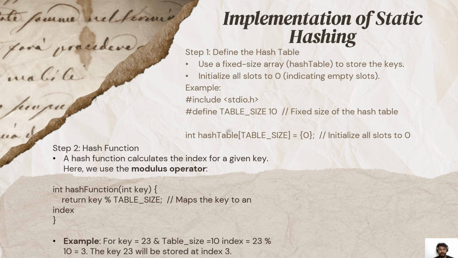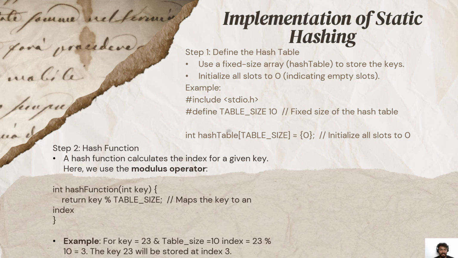For example, in main, #include <stdio.h>, #define TABLE_SIZE 10, so the table size is 10. The hash table array is int hashTable[TABLE_SIZE] = {0}, initializing all the slots to 0.